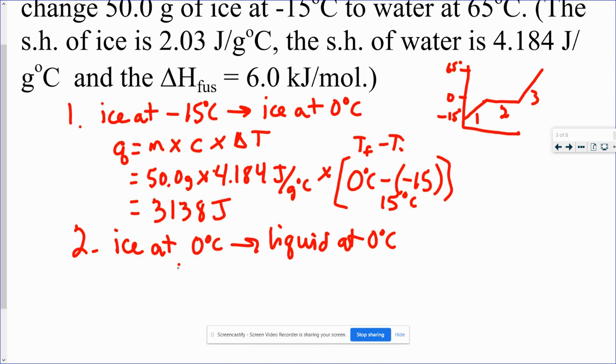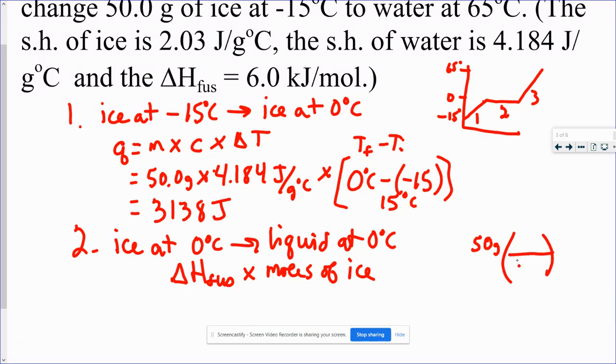So I need to know the heat of fusion, and I'm going to multiply that times the moles of ice. So I have a conversion to do here. I need to take the grams of ice, which is 50 grams, and I need to divide it by its molar mass of 18 grams per mole to get moles.